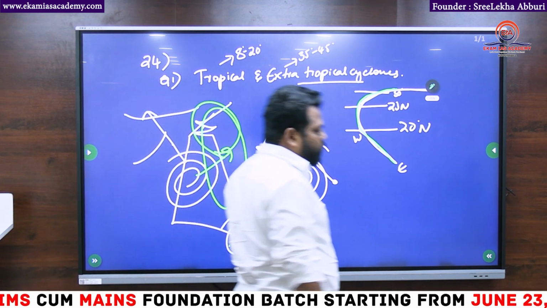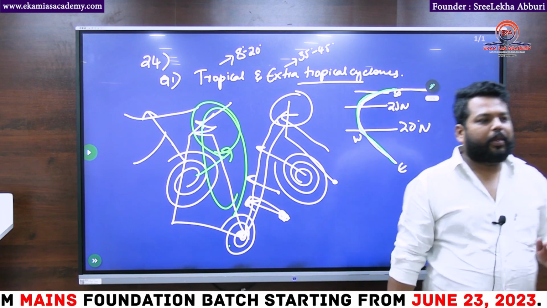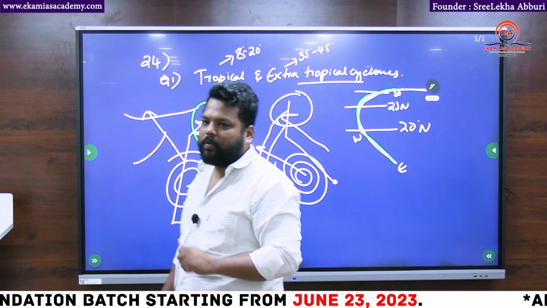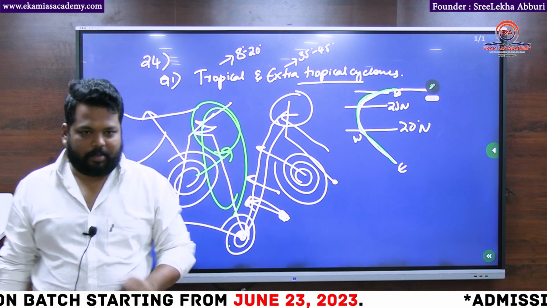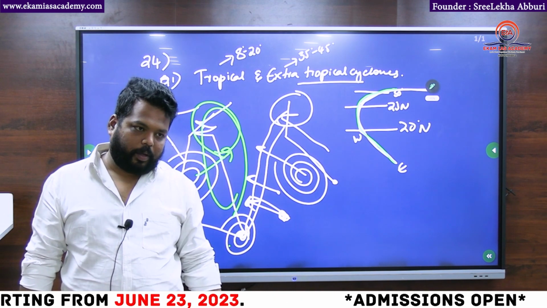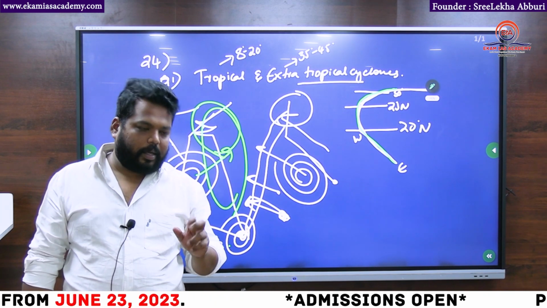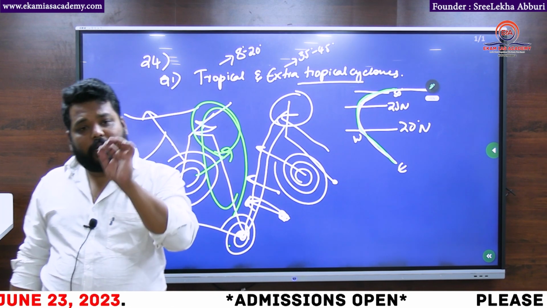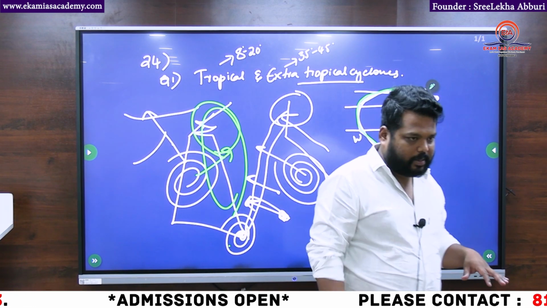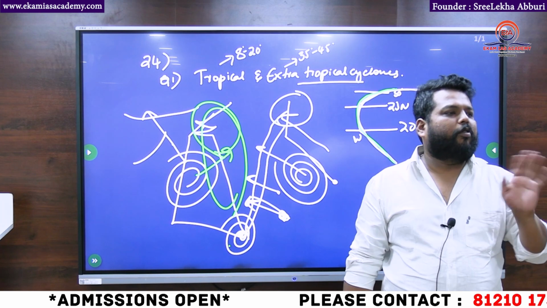So Coriolis force will make cyclones rotate in anti-clockwise direction in the northern hemisphere, clockwise direction in the southern hemisphere. You know this particular point, right? And it is also the reason that, the Coriolis force being absent at the equator, tropical cyclones are not formed at the equator.